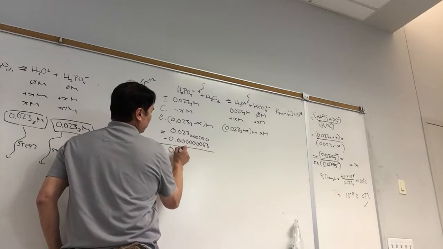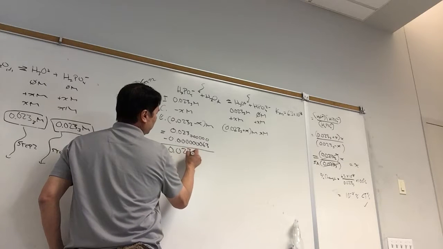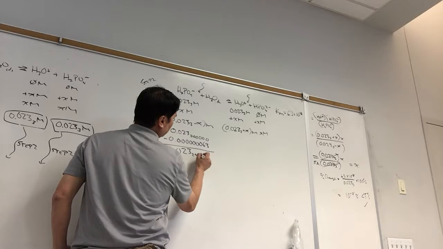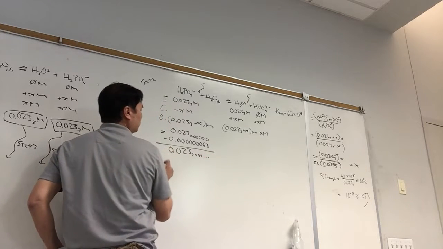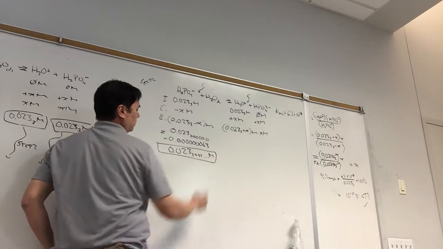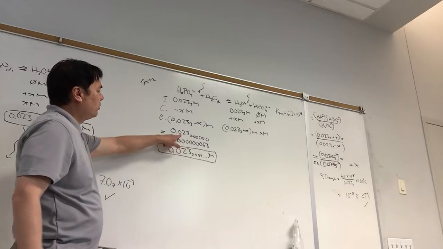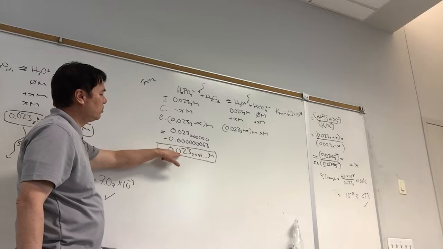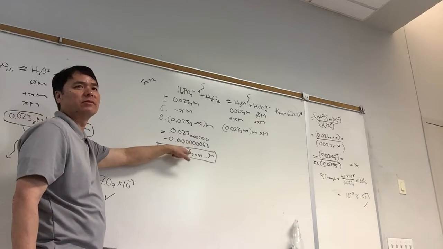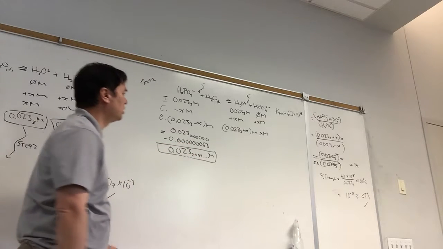So this is going to be 0.0232999 molar. And so we went from 0.0233 to 0.023299999. Was there much change? No. This was what we call an insignificant change here.